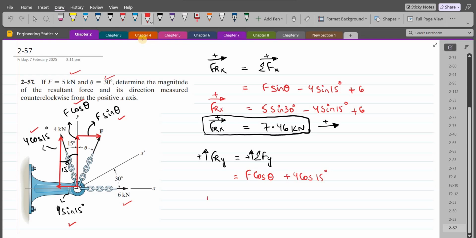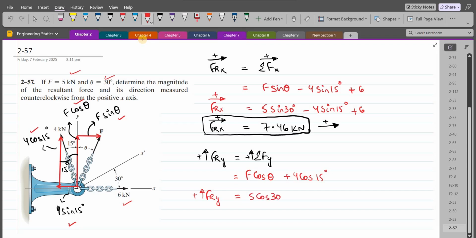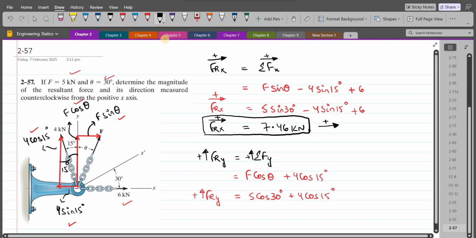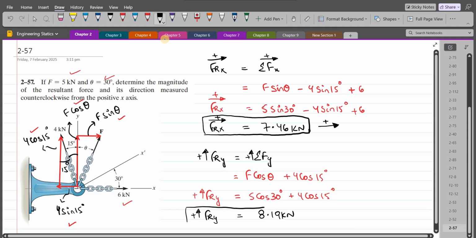So upon simplification, FRy is equal to 5 cos 30 degrees plus 4 cos 15 degrees. So FRy comes out to be 8.19 kilonewtons. And since we are getting a positive answer, it means that the FRy is directed in the up direction.